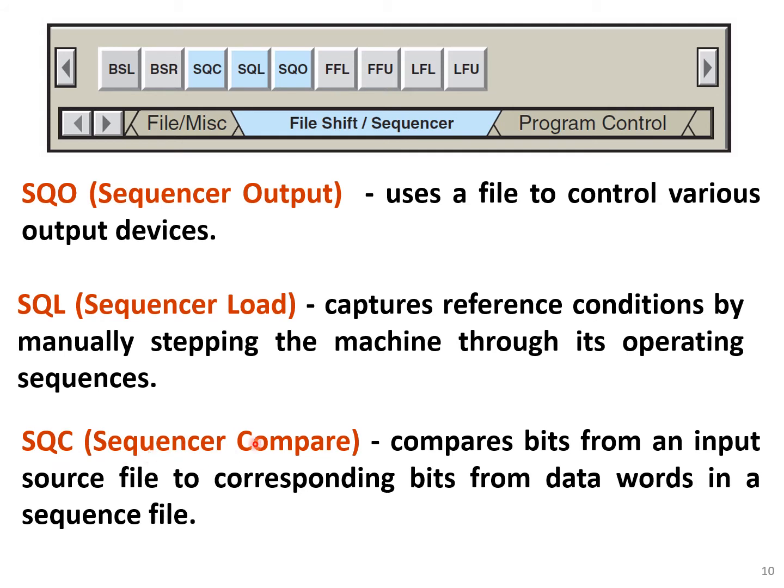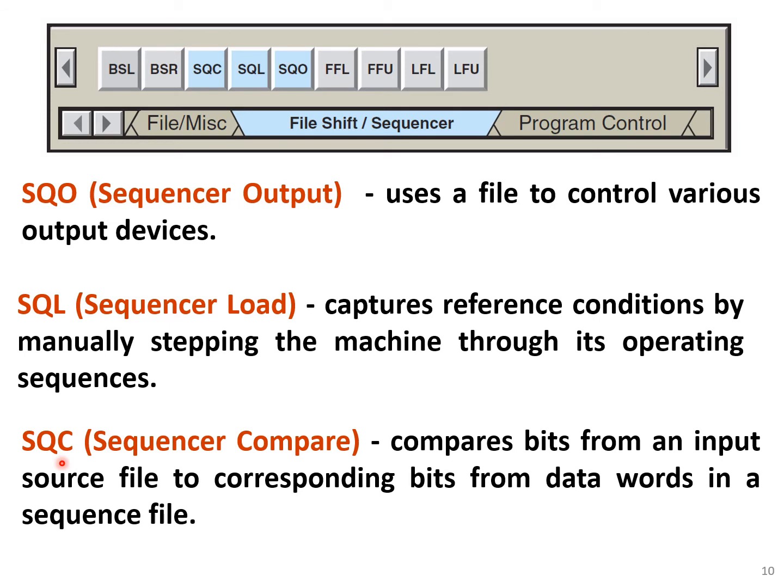SQC, sequencer compare, compares bits from an input source file to corresponding bits from data words in a sequence file. So basically with SQC, we are trying to find a specific combination of switches from our sequence file.